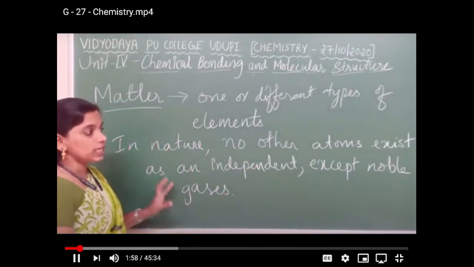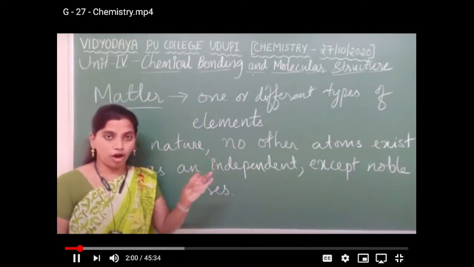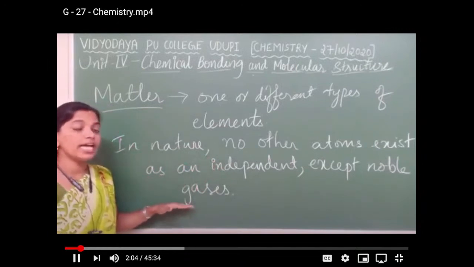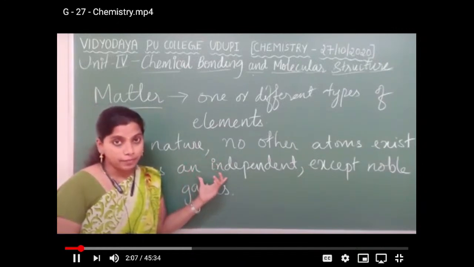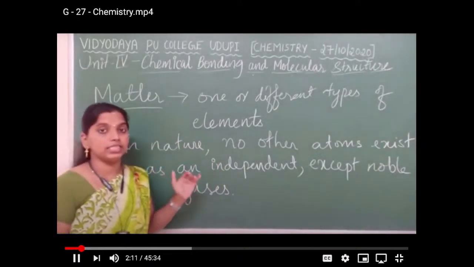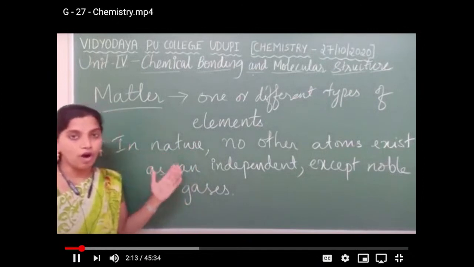Meaning only noble gases, helium, neon, argon, krypton, xenon, will exist as an independent atom, whereas all other elements will exist in the combined form.